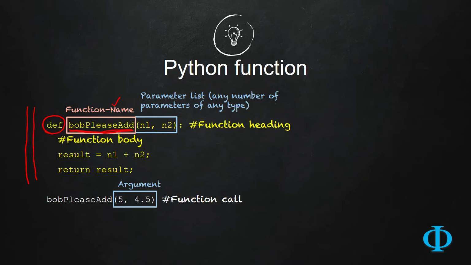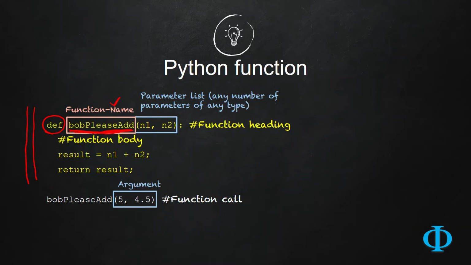You can use any different name of your choice, but I just wanted to make it the same as whatever I have discussed, so I have used this Bob please add name. That's the function name using which you can call the function, just like you called Bob and said Bob please add. So this is the function name.